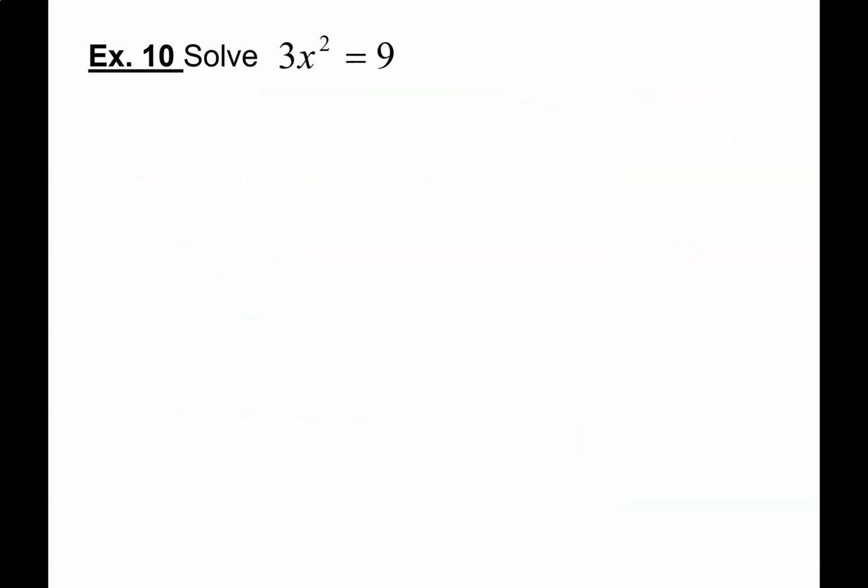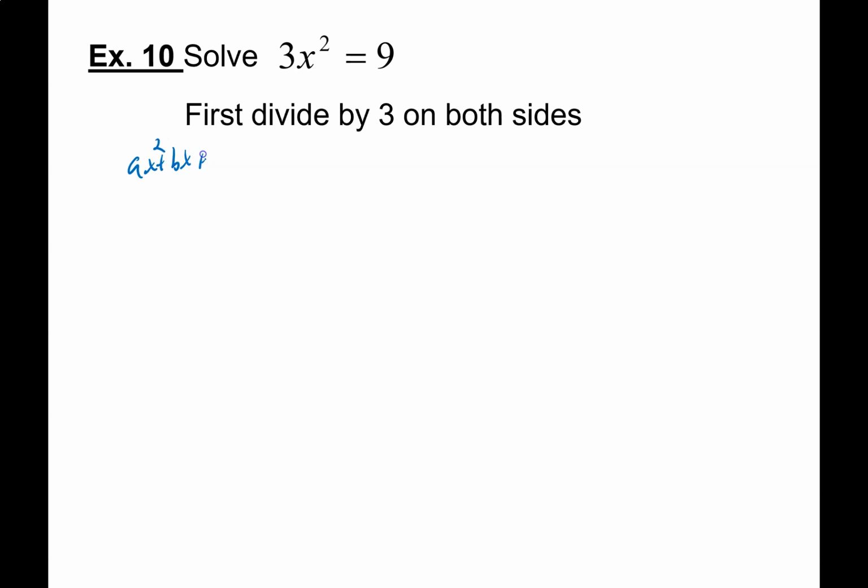Okay, a couple other techniques. If I get just something like this, instead of being an ax squared plus bx plus c, you notice there's no x term. So basically it's like saying plus 0x. In other words, in this case, your b is 0. You can try factoring. You can try completing the square.